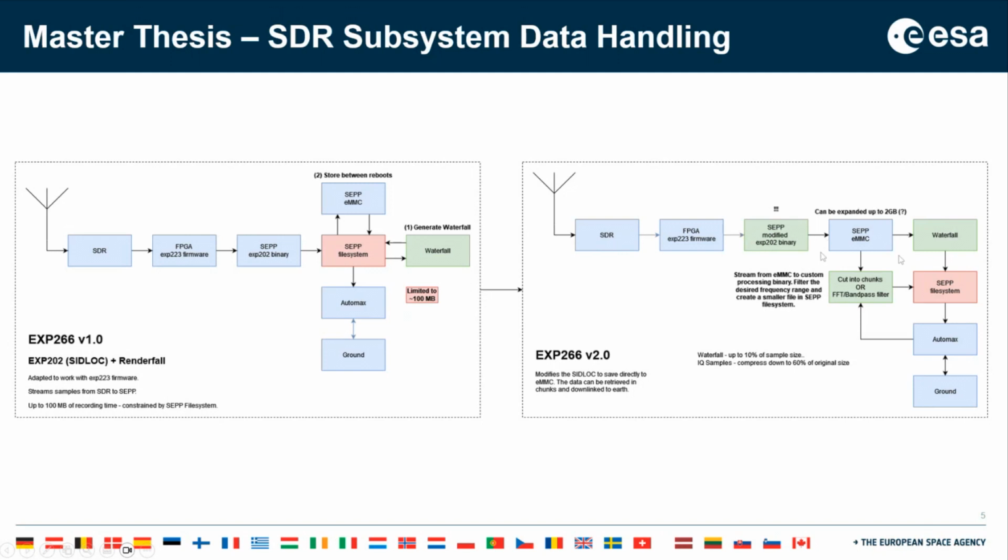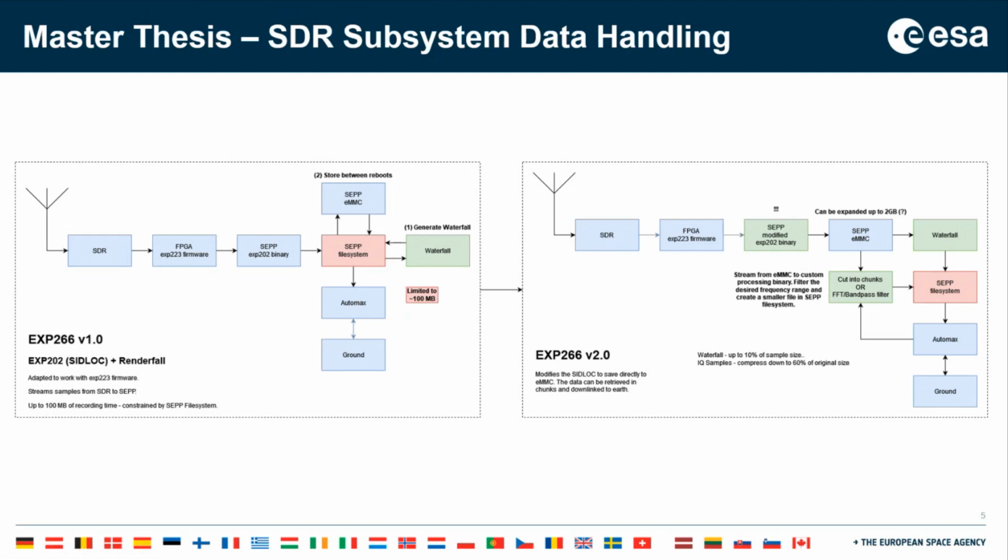Maybe in the future we could go a little bit higher. With such a long recording, we can generate a waterfall which is a fraction of the original size of the samples. First we generate the smaller waterfall to the SEP file system, and then downlink it to Earth to get a good preview of what we have recorded.